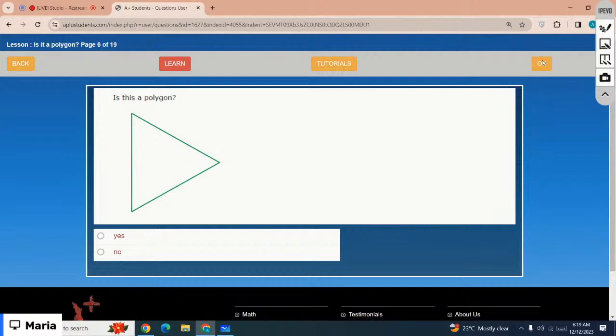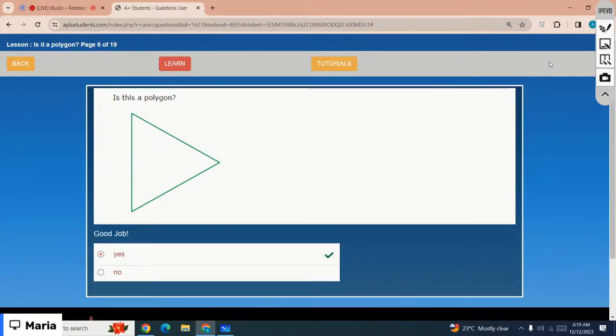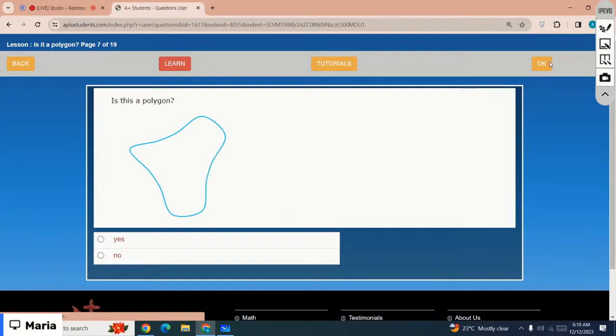Is this a polygon, which is the correct option? The correct option is yes, it is a polygon. Is this a polygon? Yes or no?